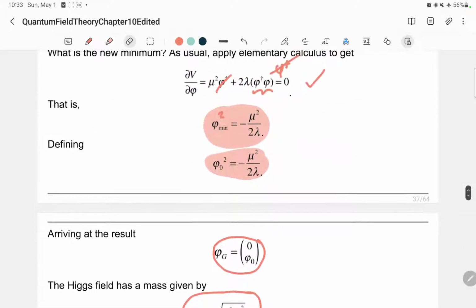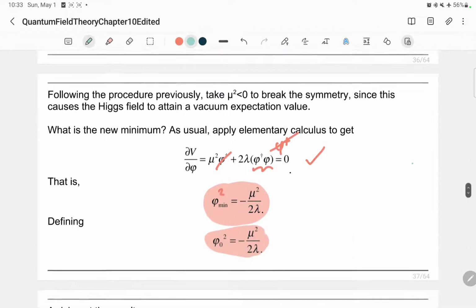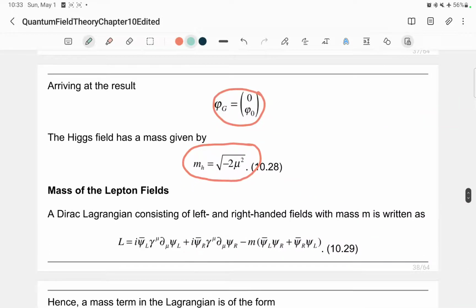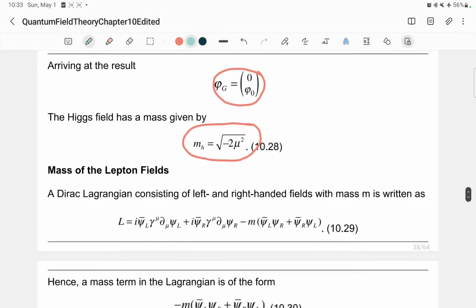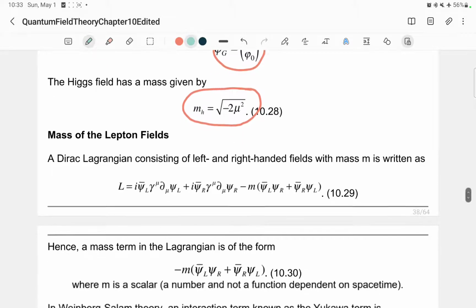From here, this is supposed to be the mass term, this one. So the mass would be square root of negative 2 mu square. That's the mass of the Higgs field or the Higgs particle.